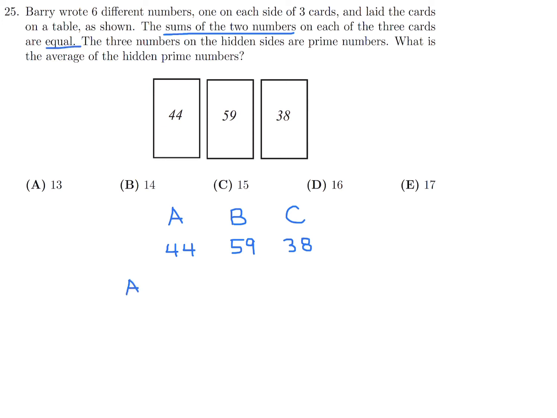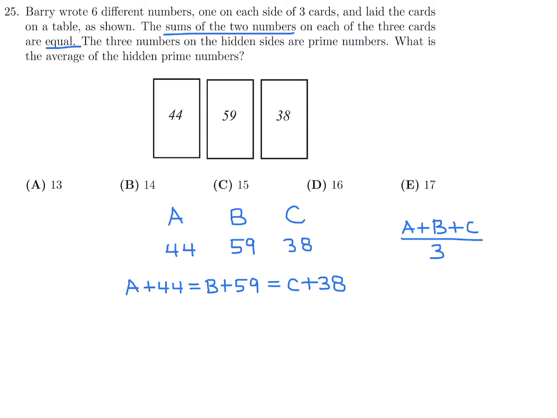So that means that A plus 44 is equal to B plus 59 is equal to C plus 38. And we have to figure out the average of the hidden numbers, and those numbers are prime. They want us to figure out (A plus B plus C) divided by 3, the average of those 3 numbers.